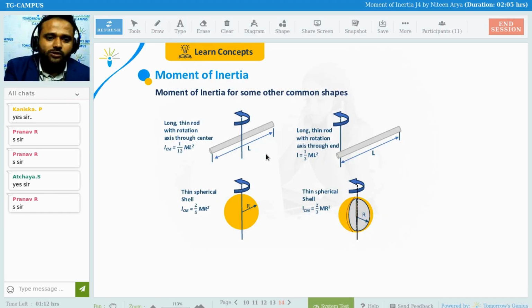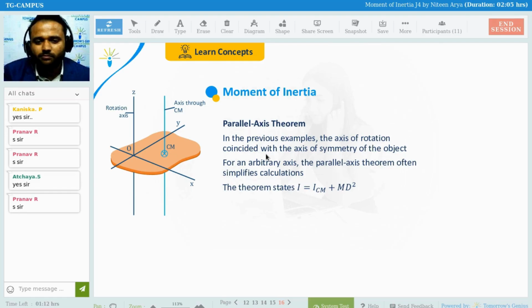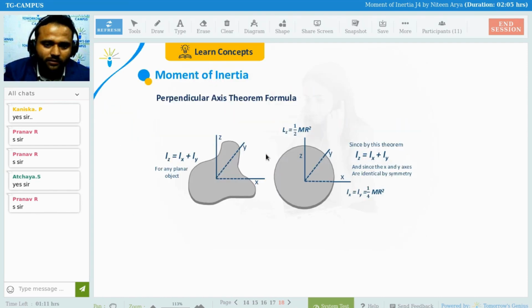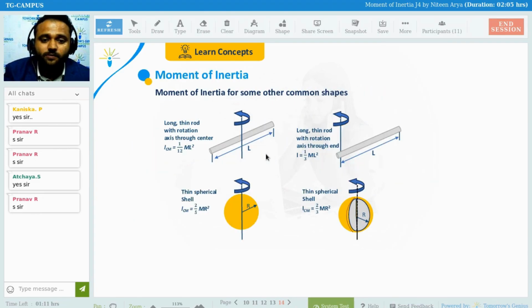Good. So this is the moment of inertia for different quantities. I'm going to explain two or maybe three of these. I think some of it is not in your CBSE syllabus, but I deliberately put it in for better understanding. Let's take a break, because I need a break to explain all this.